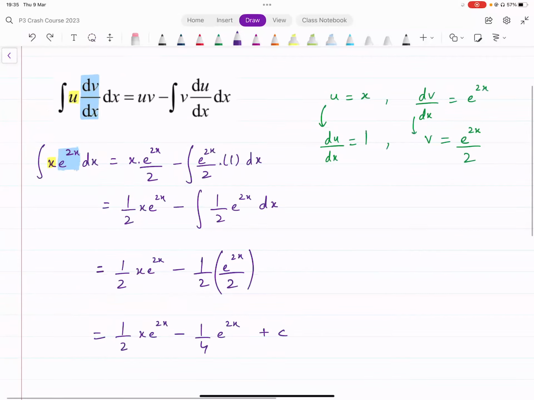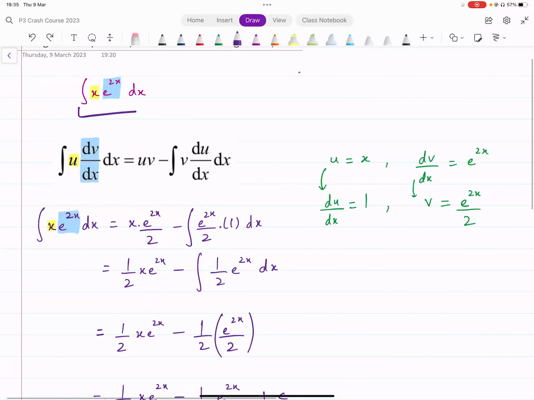So what we do is, we would have a product given like this, right? We're going to assume one of them to be u and the other to be dv over dx. That's how it's written in the formula sheet, right? So the first one we assume to be u, the second one we assume to be dv over dx. We will learn in a while how do we decide which one to take as u and which one to take as dv over dx, because right now we're just taking x as u. What if we took e power 2x as u?